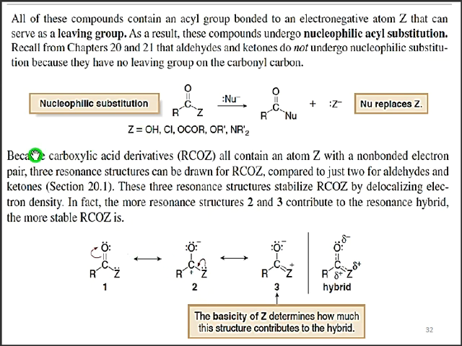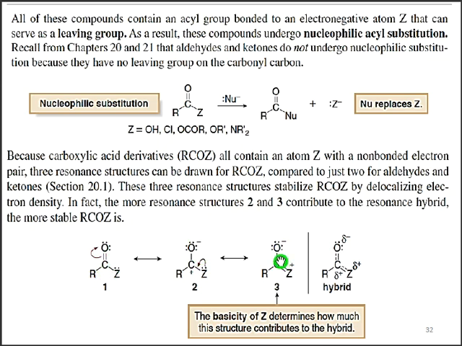And if you compare the carboxylic acid derivatives with the aldehydes and ketones, for the carboxylic acid derivatives there are 3 resonance structures. But for the aldehydes and ketones, there are just 2 resonance structures. Again, for the carboxylic acid derivative, look, we have 3 resonance structures, 1, 2, 3.